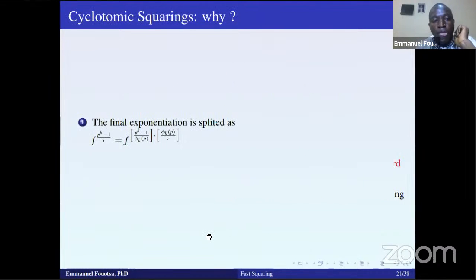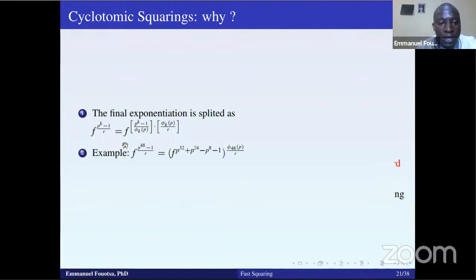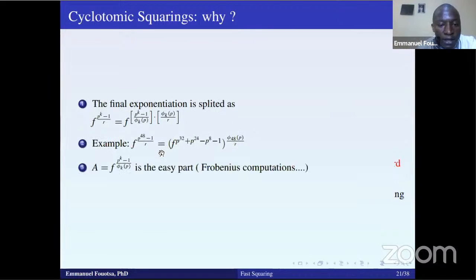Good. So our final exponentiation is split like this. Then, as in the previous example, it gives this. This first part is what we call the easy part, because it consists of Frobenius operations.